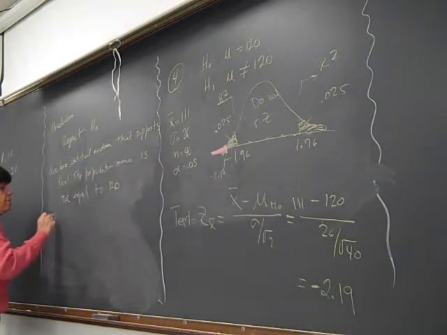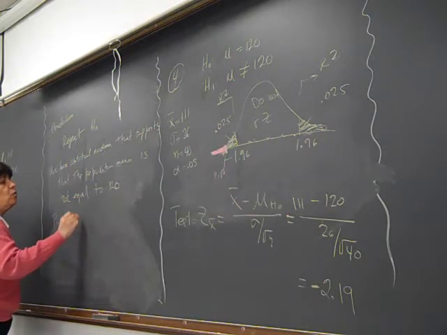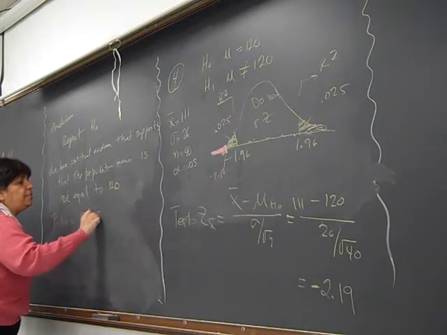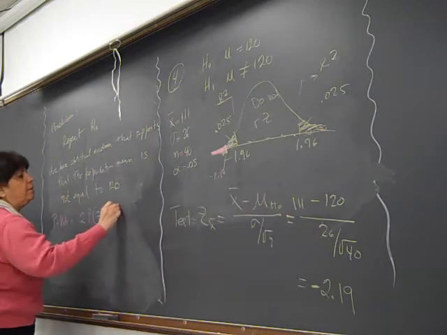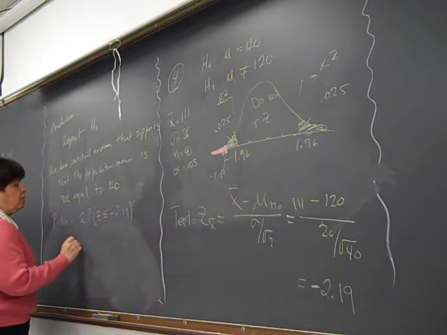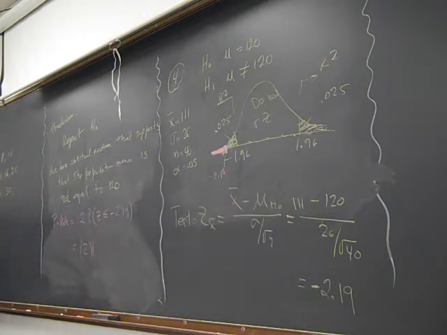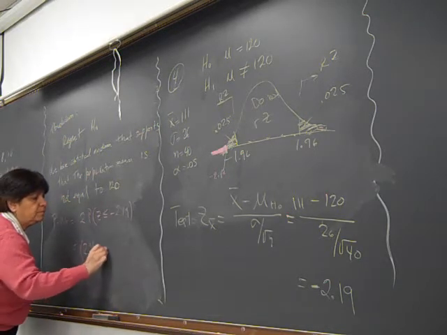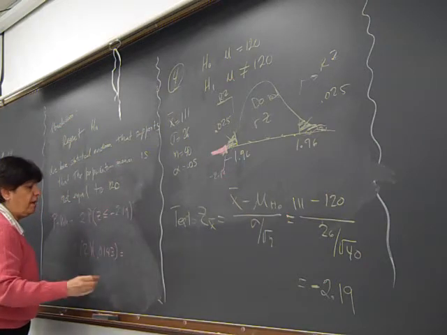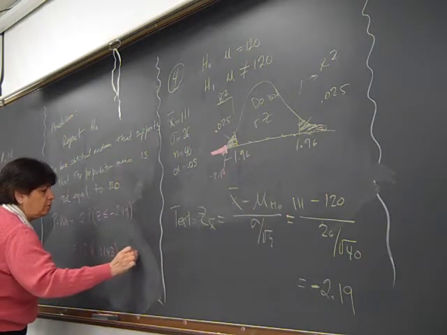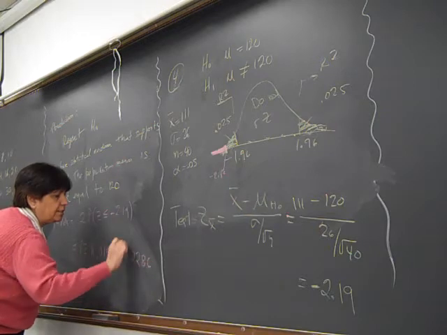So my p-value is equal to 2 times the probability that z is less or equal than negative 2.19, and that is equal to 2 times 0.0143. So my p-value is 0.0286.